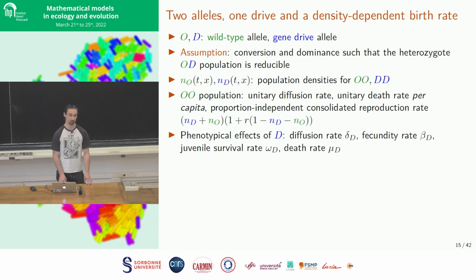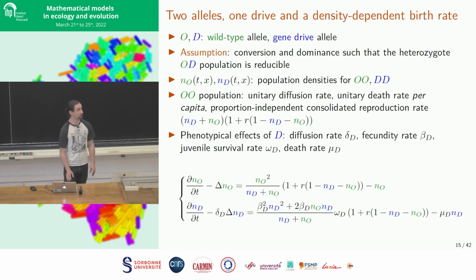And you assume that the wild type population density, when it is all alone, undergoes the most classical logistic growth possible. And then you measure the phenotypical effects of the drive through a diffusion rate, a fecundity rate, a juvenile survival rate, and a death rate. And you obtain these two horrible equations that are actually not so horrible.